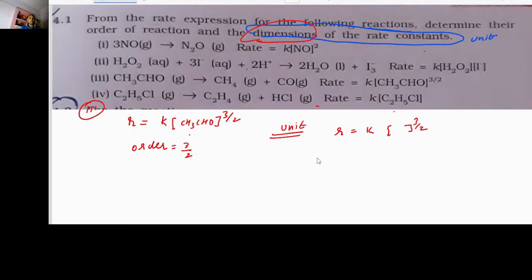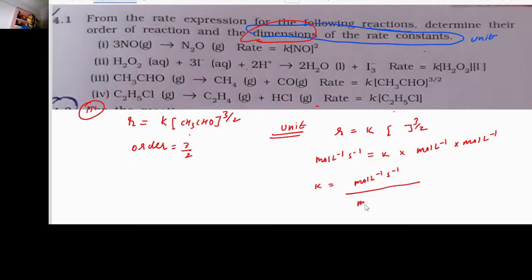So rate is equal to what, student? Mole per liter per second equal to K. Here is what, student? Mole per liter multiplied by mole per liter. So let us write the K. Mole per liter per second divided by what, student?